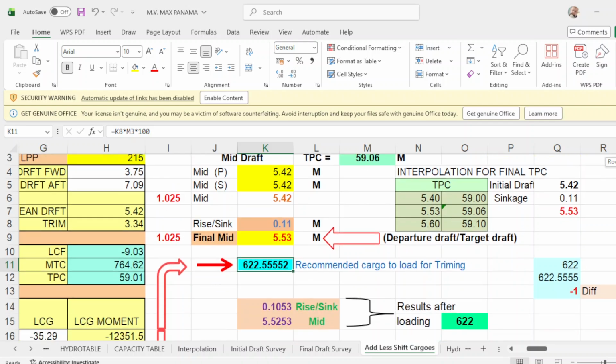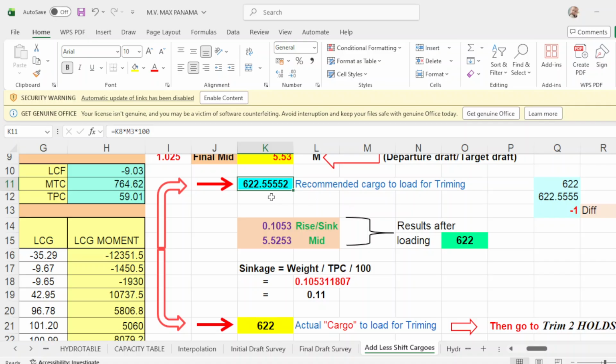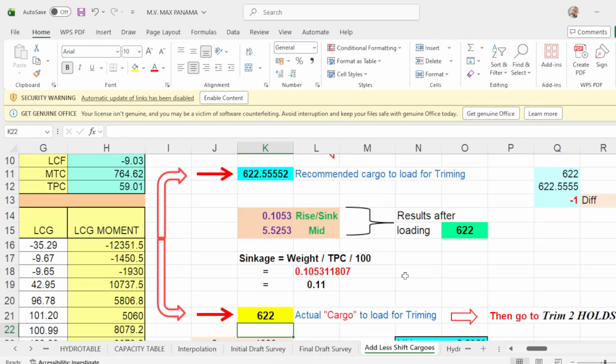Now how we go now to the, follow this arrow, you click here, put 622, for example. Sorry, 622. Then what is the result of 622? The final draft here will be 5.53.